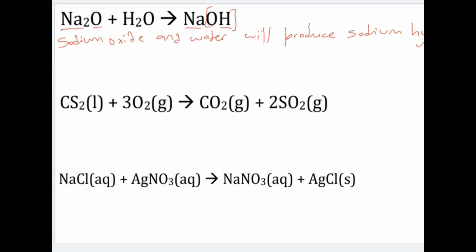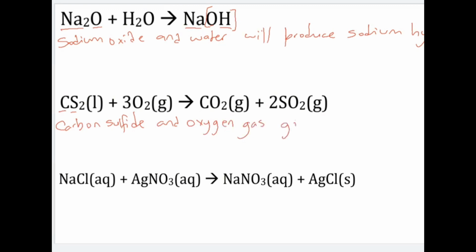All right, the second one, we go with C and S. So we know C represents carbon and S represents sulfur. So this is carbon sulfide. And we have O2, and O2 is our oxygen gas.